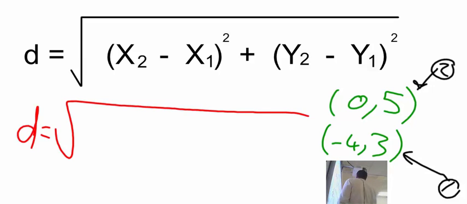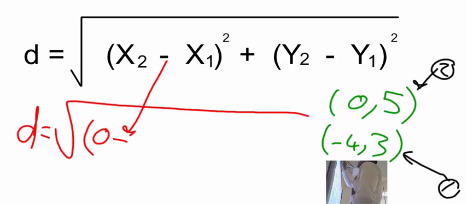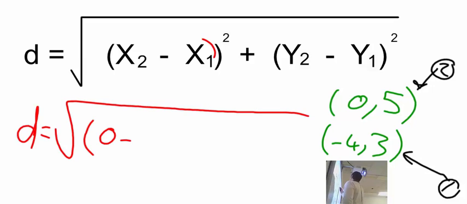x2, since I'm talking about the second one, will be that, 0. First, I'm going to open the bracket, 0 minus, from the formula. And now let's talk about x1.